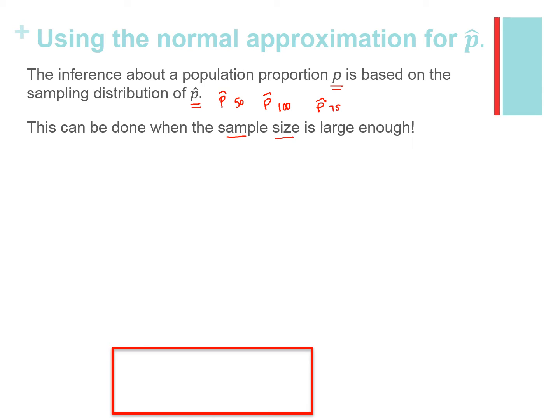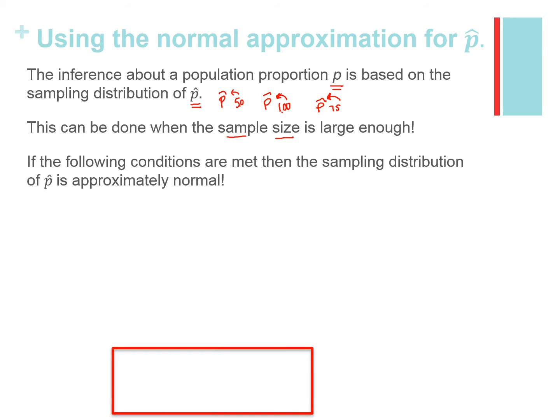I'm taking a sample of 50, finding the p hat, taking a sample of 100, finding the p hat, taking a sample of 75, finding the p hat. If that sample size is large enough, not the fact whether there's 75 p hats or 80 p hats or whatever, it's talking about the sample size of which you're finding the p hat.